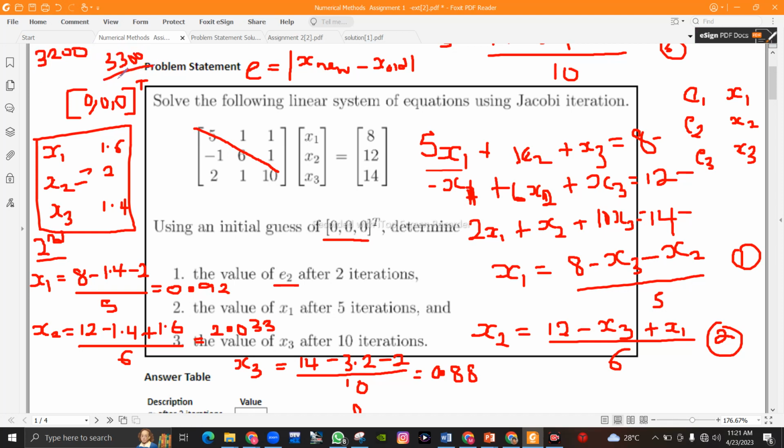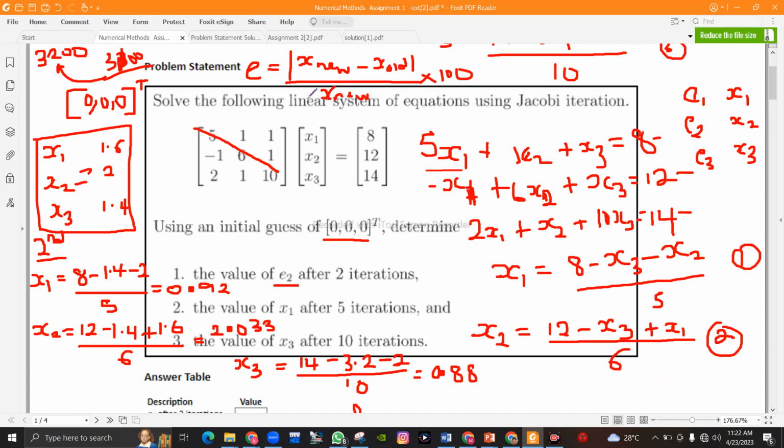The amount you paid minus the original value. That's 0.1. Even though you paid less, it's still 0.1, because there's no negative in error. That's why we have magnitude. But to find the percentage, error in percentage is divided by x new times 100. In this case, we're not looking at the percentage.